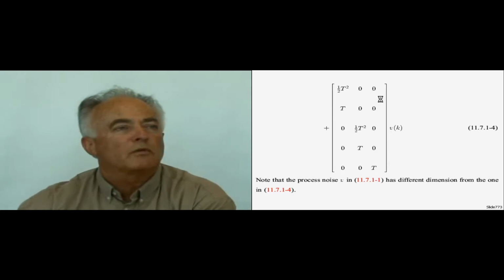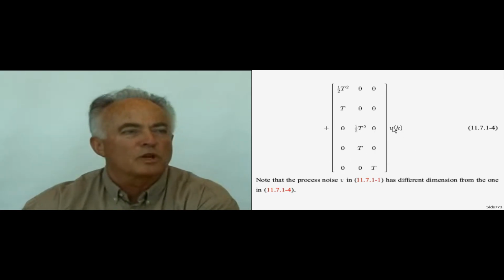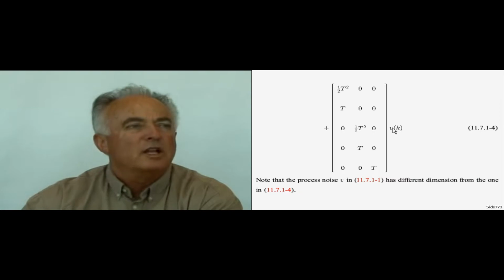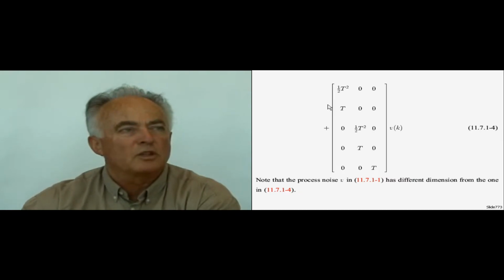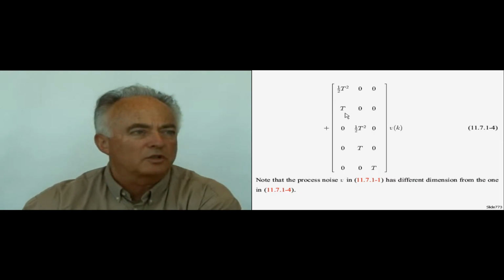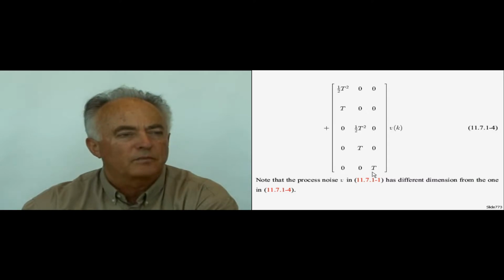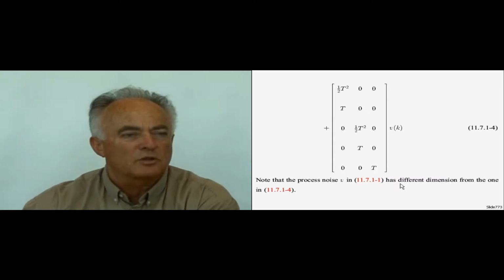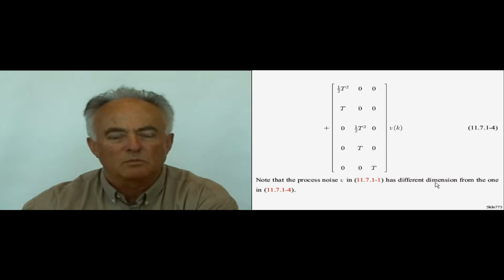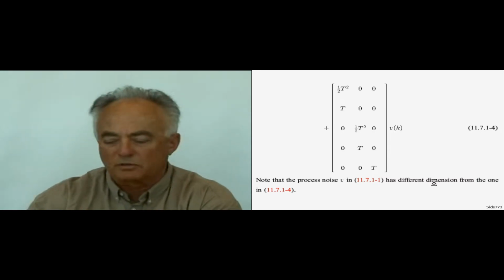And what we have is now the process noise will have 3 components. Linear process noise entering into the x or psi coordinate, a second component of the linear process noise entering into the eta or y coordinate, and the third component entering into the turn rate. So the process noise has a different dimension from the one before, and so does the state.